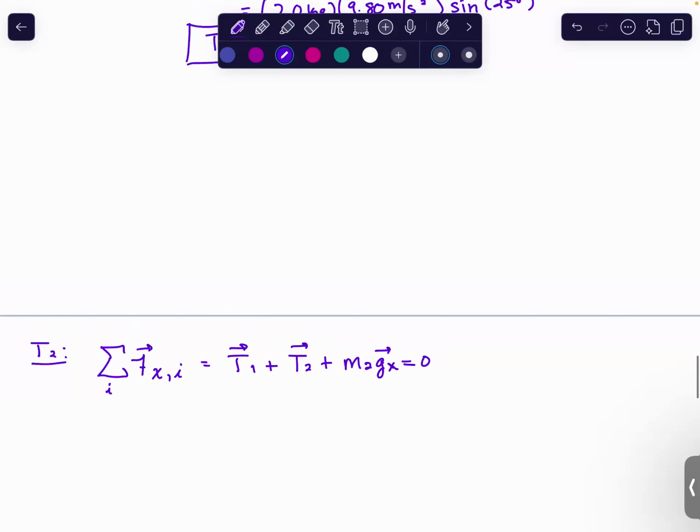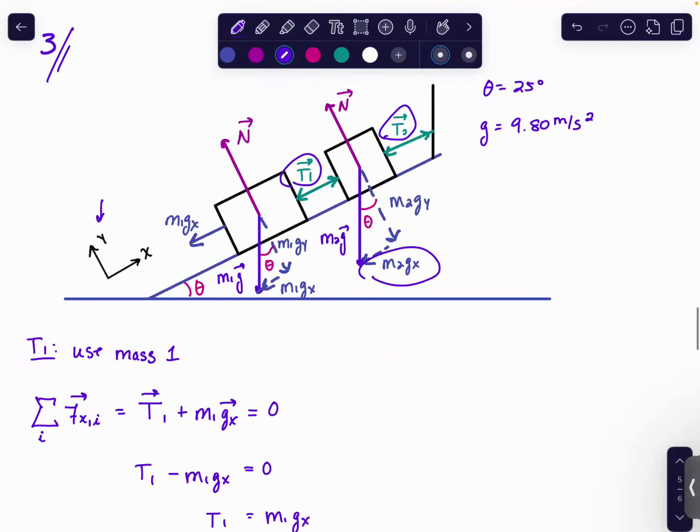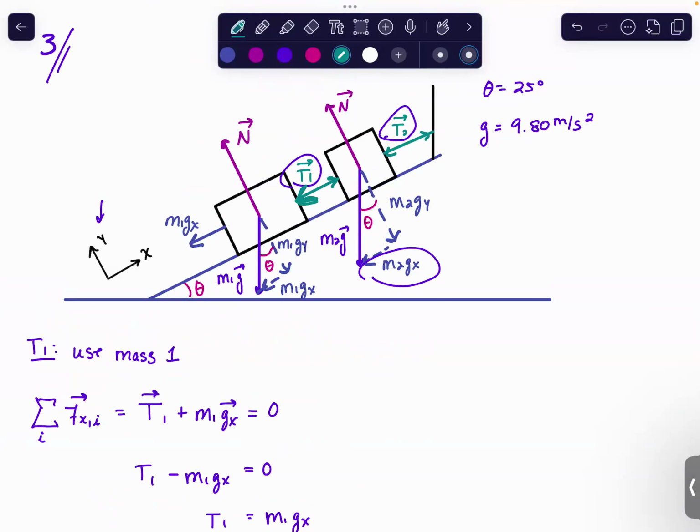So let's go back and look which way these are pointed. Now for mass 2, tension 1 pointed in the negative direction, tension 2 pointed in the positive direction, and then the x component of gravity is pointed in the negative direction.